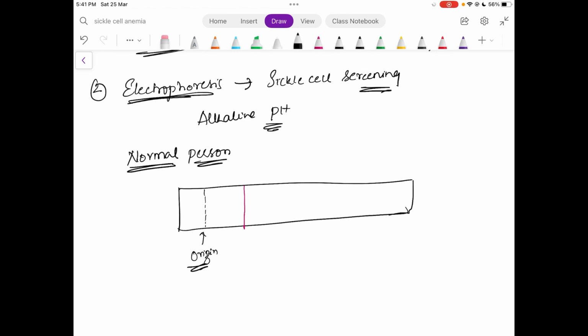It will move slowly. This is HbA2, and this is HbF, fetal hemoglobin, and the last one is HbA, adult hemoglobin. So this is the normal pattern.